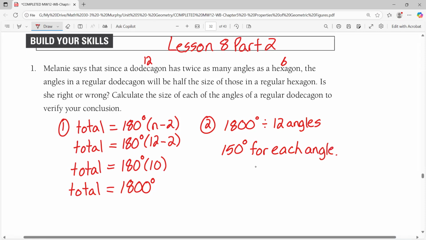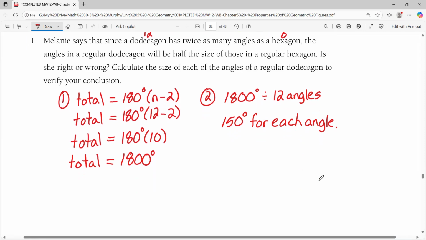Okay. Well, a hexagon, we figured out in the last lesson, has an interior angle of 120. And she was saying that a dodecagon will have angles half the size. Well, not only was she wrong about the amount being wrong, but the angle actually got larger.